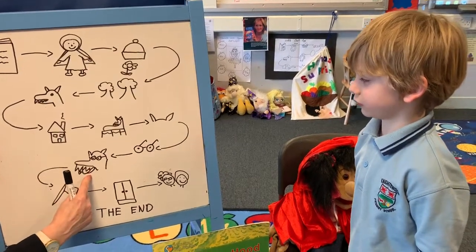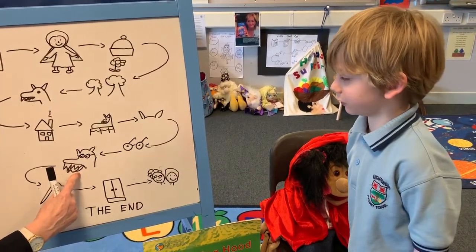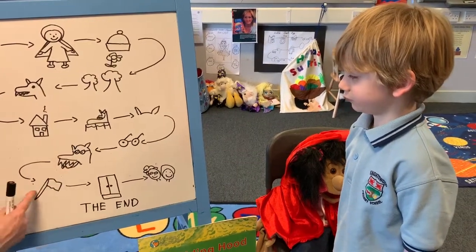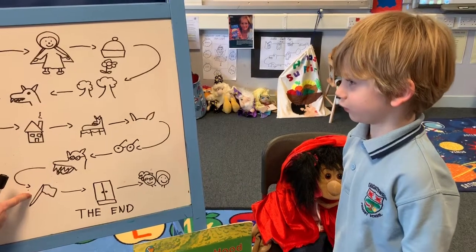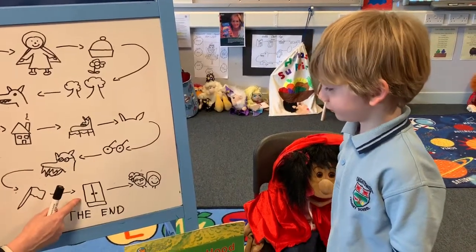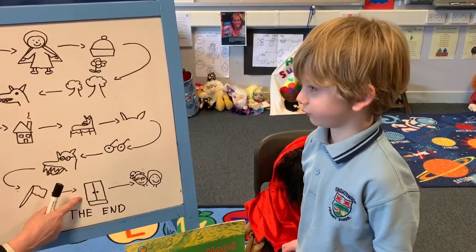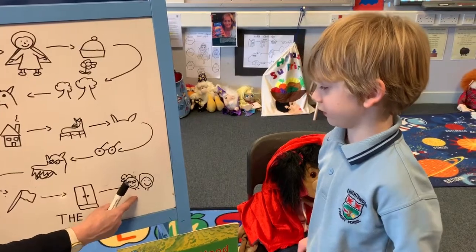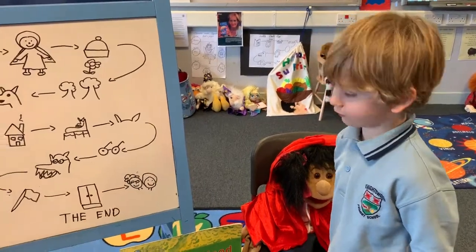What big teeth you've got! All the better to eat you. And then in comes the woodcutter and runs after the wolf, and who comes out of the wardrobe? Gran, and meets up with who? The Red Riding Hood.